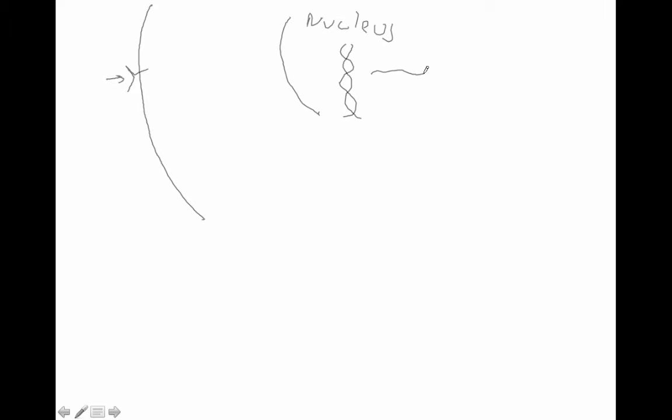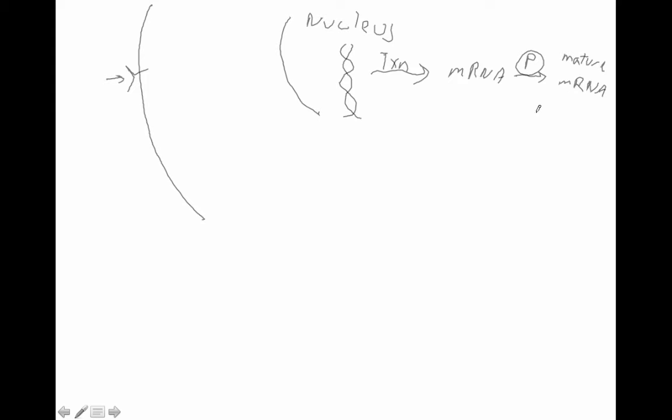And then this was transcribed, TXN for our abbreviation, to make our messenger RNA. And then it gets processed, and because of space, I'm just going to put a P here, but in your notes you should write process, because it gets processed to give us our mature messenger RNA.